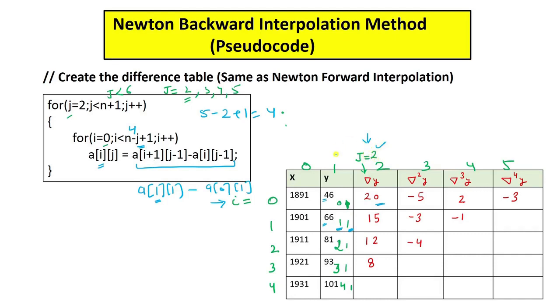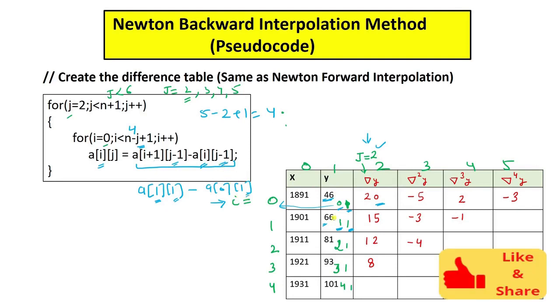So I need one lesser column number, so I will be subtracting j minus 1. Okay, so I will be getting 1. Now I have to reach this 46, that is 0, 1. So this 0 is similar to this thing, so I will be simply writing a of i. Now this 1 is again lesser than this 2, so I will be subtracting minus 1. I got this thing, 66 minus 46, 20, right?